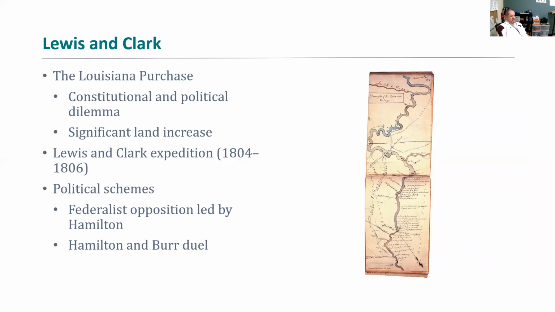Jefferson makes the Louisiana Purchase while Congress is not in session, and Jefferson doesn't really have the authority to do that constitutionally, because Congress controls financial issues. And so the Louisiana Purchase is politically and constitutionally sort of a problem for Jefferson.